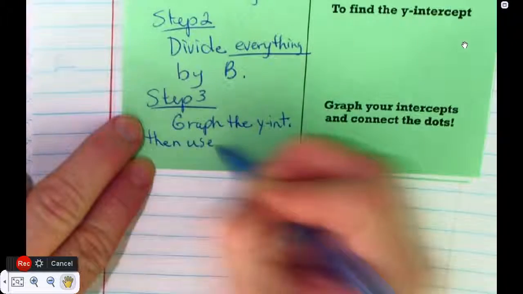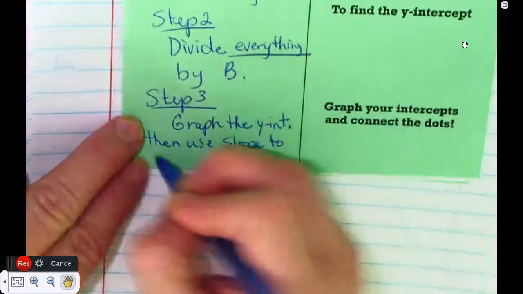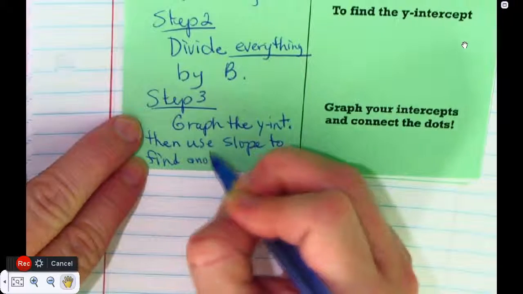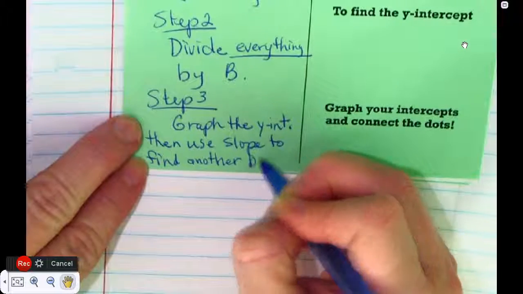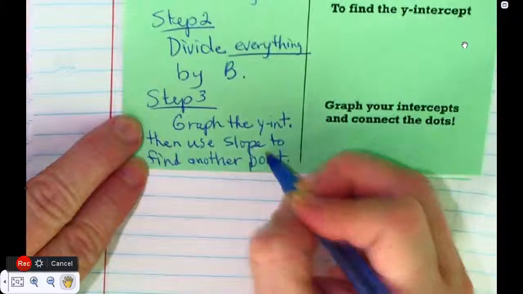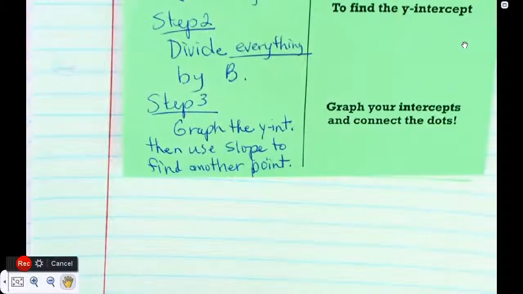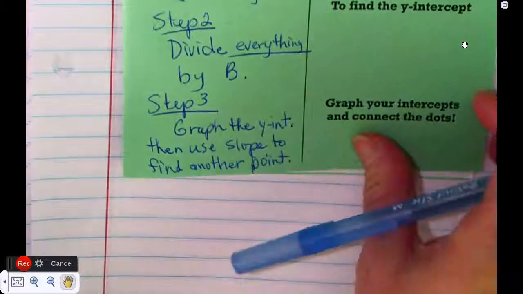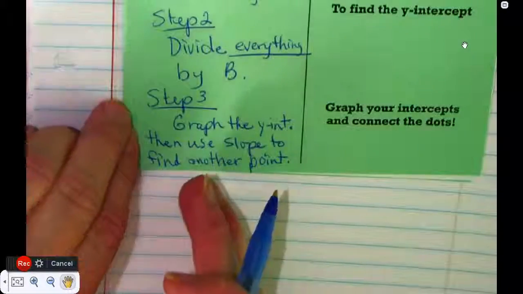Then you're going to use the slope to find another point. That's what we're going to work on. So you're going to graph the y-intercept, then use the slope to find another point. Okay. That's one way to do it.